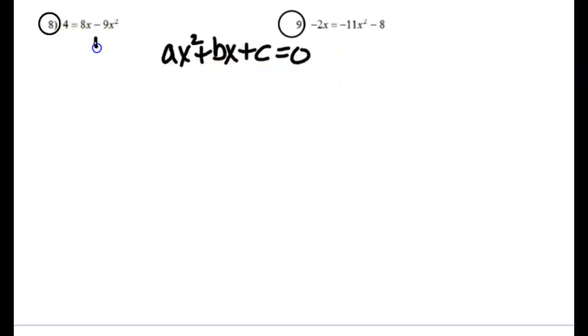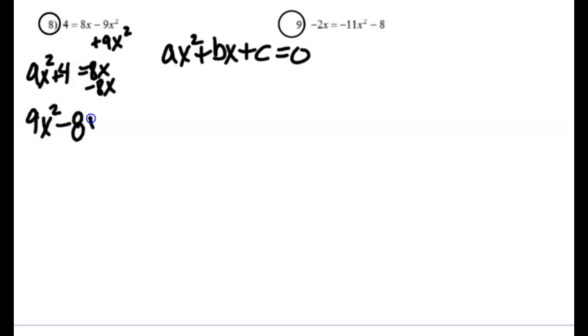I'm actually going to move these over to the left because I like a positive squared term. So I would have 9x squared plus 4 equals 8x, and then when I subtract the 8x, whatever order you want to do it in. Did everybody get a 9x squared, a minus 8x, and a plus 4?